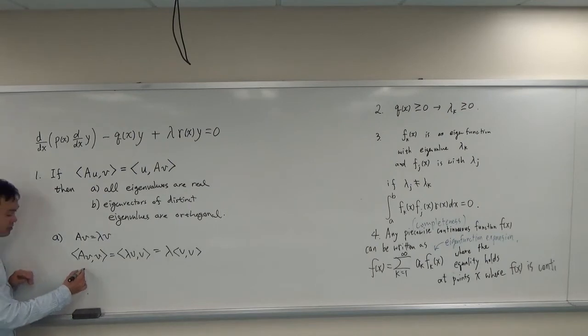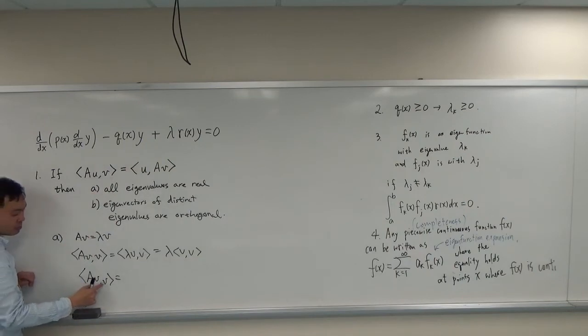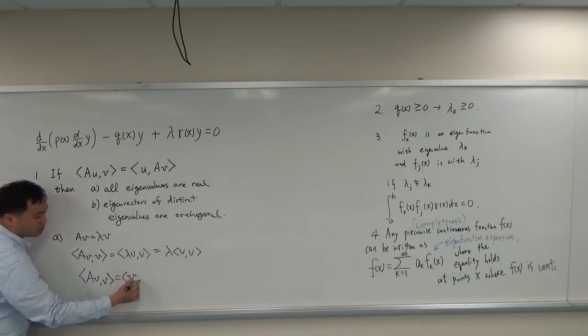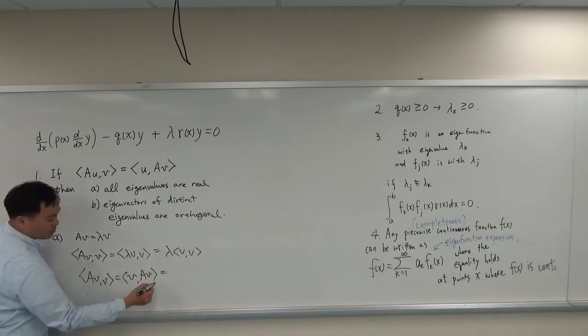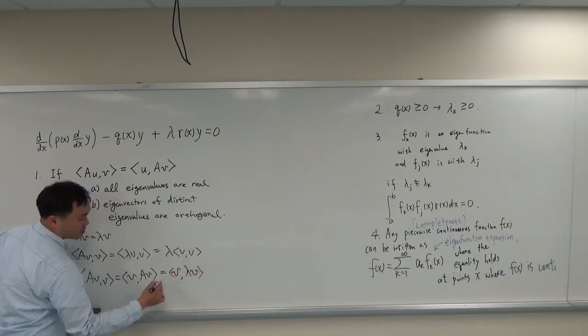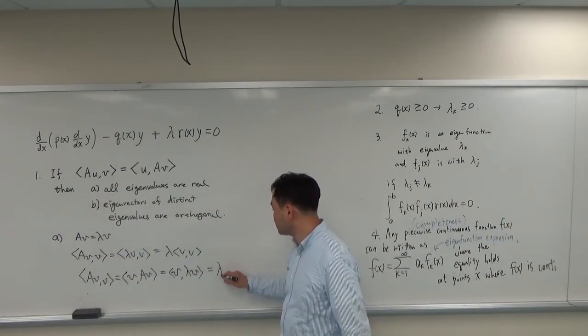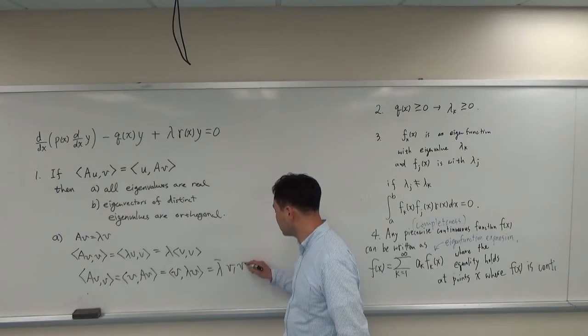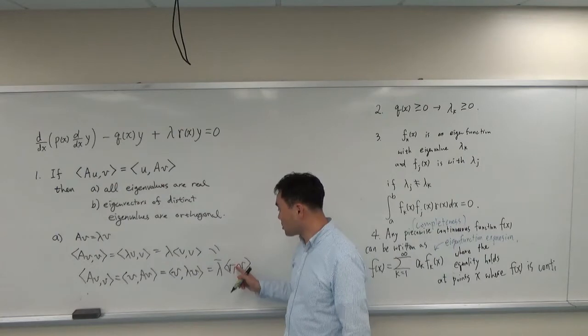On the other hand, (A v, v), now it's self-adjoint, so A can be moved to the other one, right? (v, A v). And then now A v is lambda v, so (v, lambda v). Now what happens to this lambda here? Lambda bar. And these two are the same thing, right? We started with the same thing, so those two are equal.